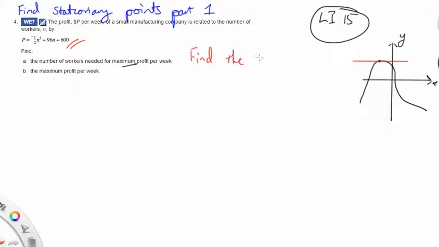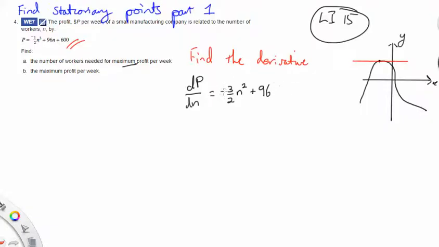Well, the derivative of that function is going to be dP/dN, the derivative of P with respect to N, and that's going to be negative 3 on 2 N squared plus 96. Great, we found the derivative.